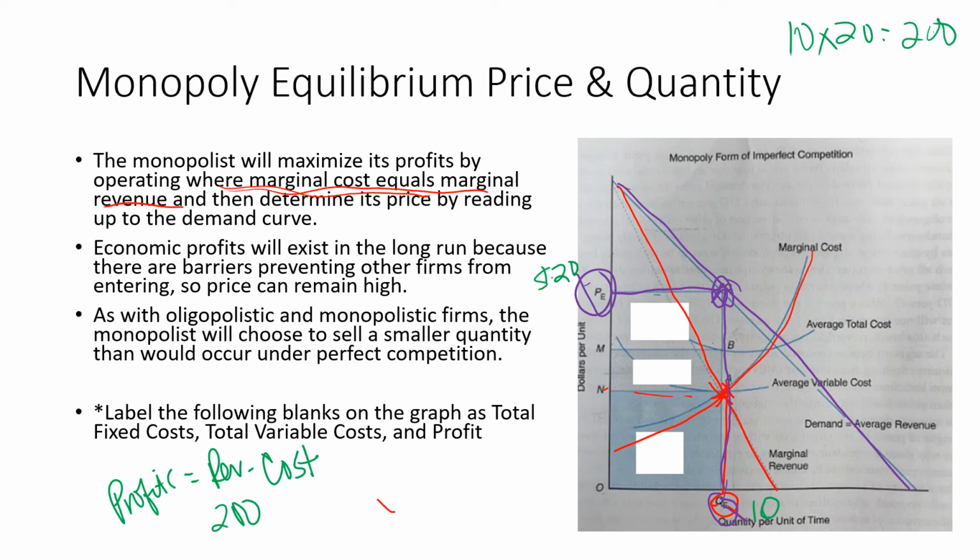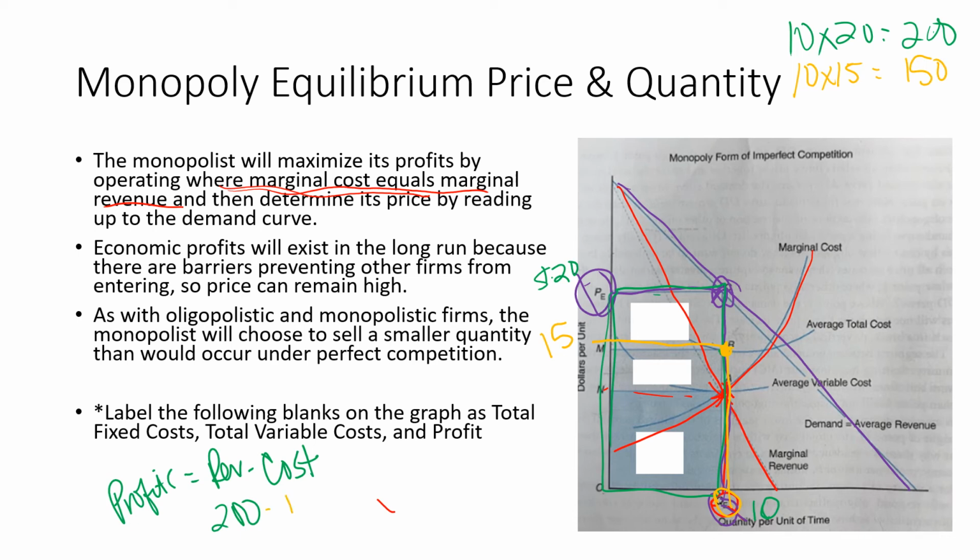And that would be the area of this entire rectangle. Our average total cost of Q, if we follow that up to the average total cost, is right here. So we're going to call that 15. So our average total cost is $15 per unit, and we're producing 10 of them. So 10 times 15 equals 150.